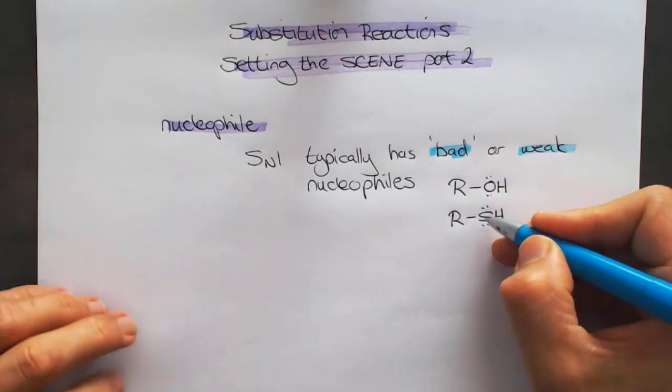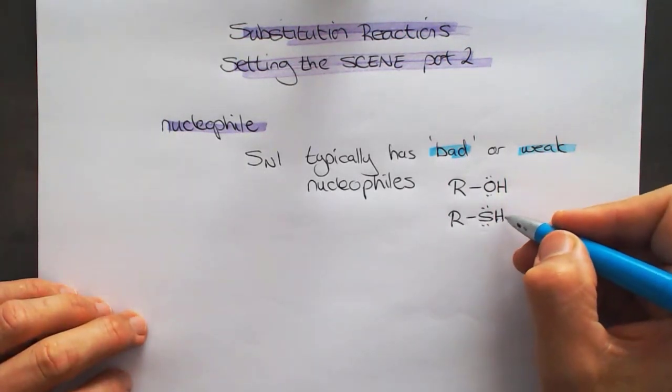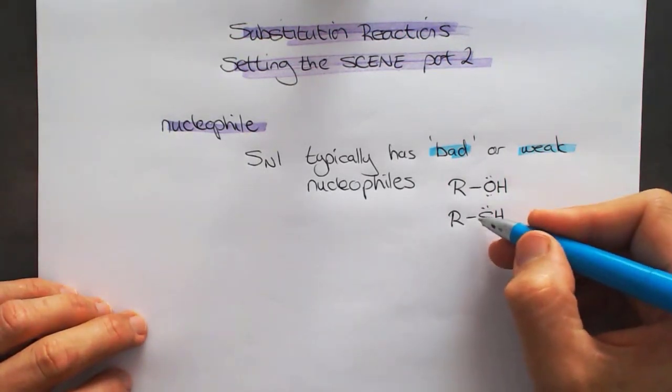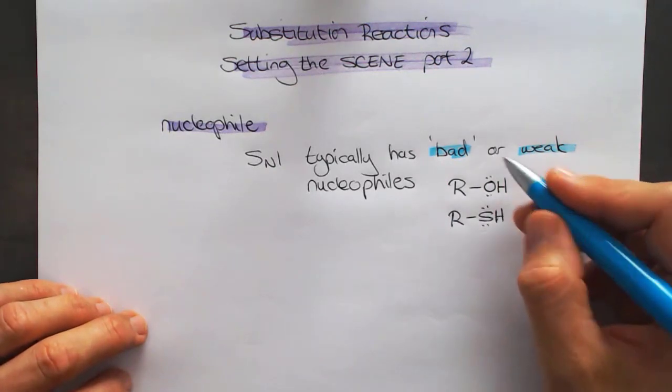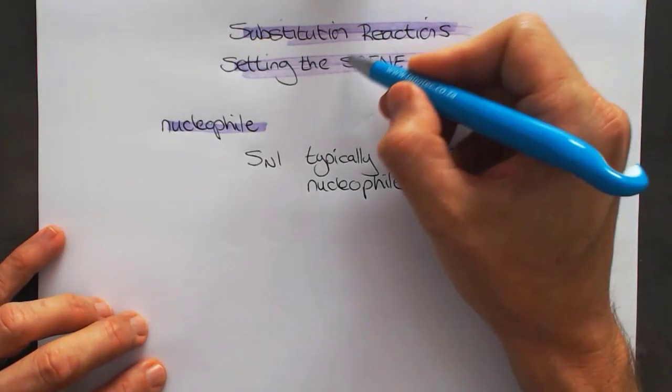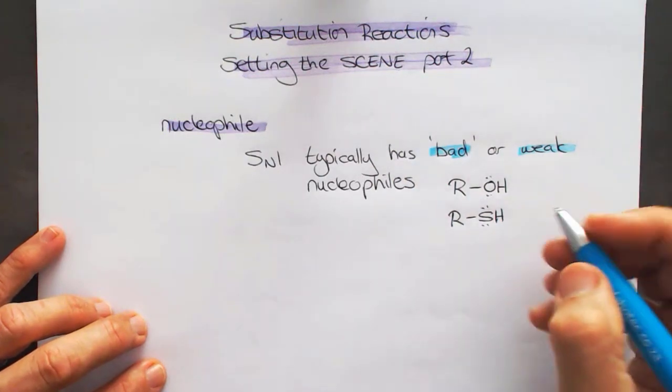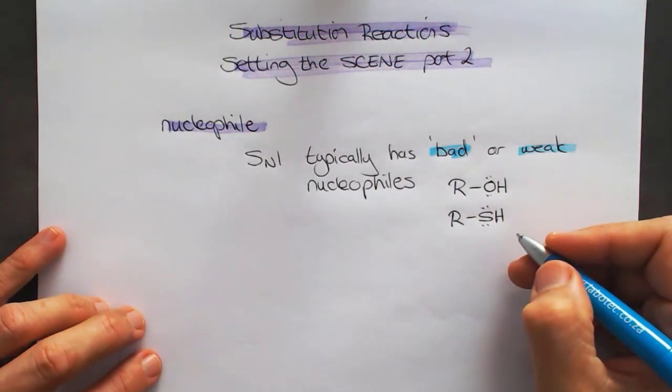But typically a neutral thiol is not something that would be pushing us towards thinking about SN2, probably more SN1. But again, we have to look at the whole picture. So we just have to look at that when we do some of the examples.